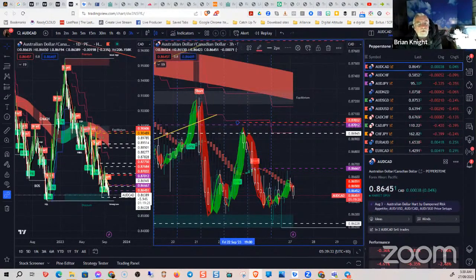So let's go through some of these AUD CAD. There it is. Let's modify the stop loss. Right now, that's only a 37 pip stop loss, but that's okay.